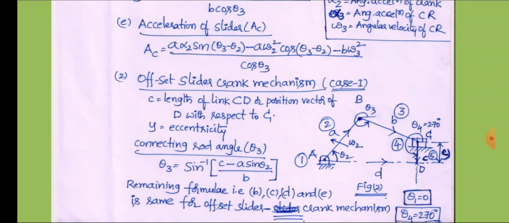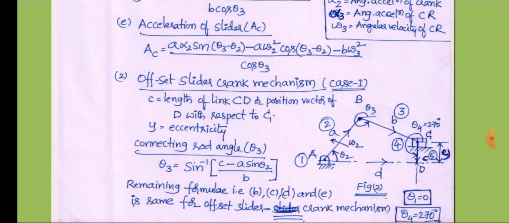These are the 4 things we calculated in our earlier 4 to 5 problems on slider crank mechanism: velocity of slider or piston, acceleration of slider or piston, angular velocity of the connecting rod, and angular acceleration of the connecting rod. Now, how to find the same in the case of offset slider crank mechanism.